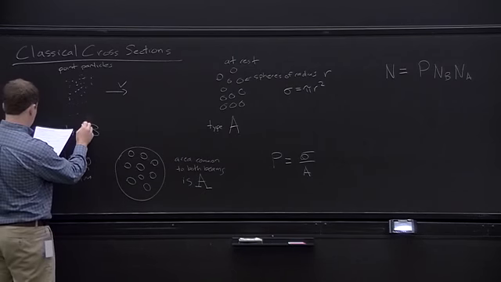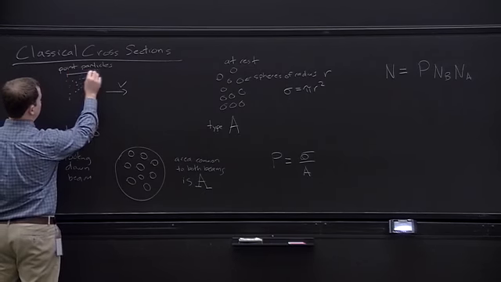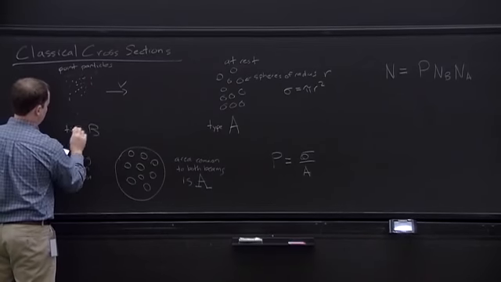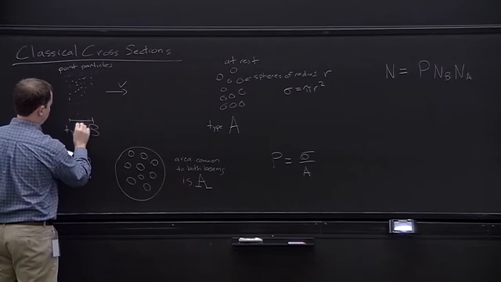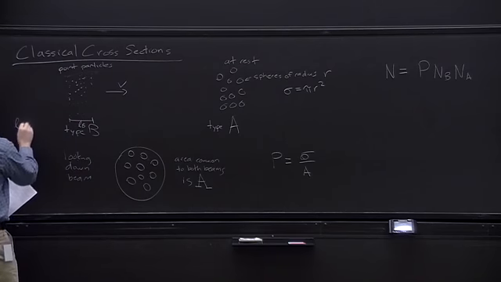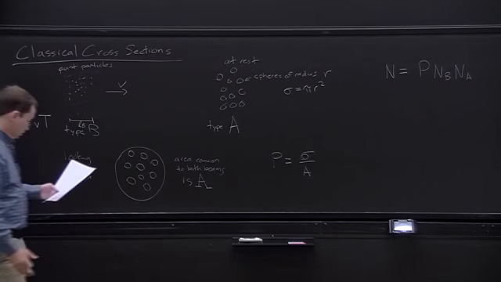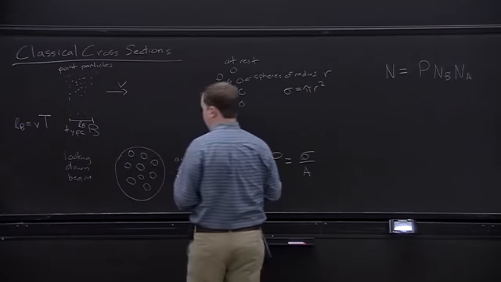Then the length of this beam, LB, should be equal to the velocity times the time it takes for the beam to pass a particular point.